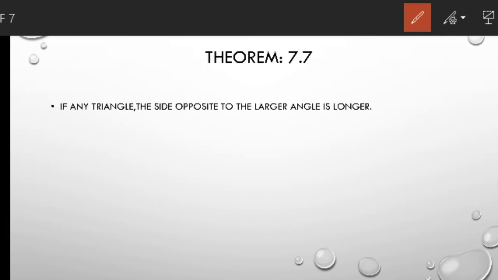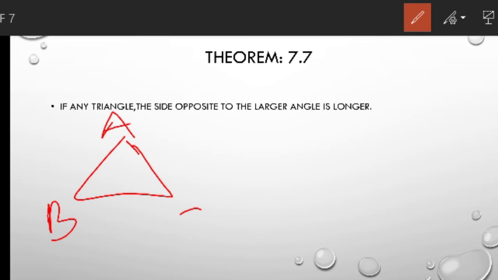That means this is the converse of Theorem 7.6. Here it is said that in a triangle, suppose ABC, the angle C is suppose 60 degrees and angle B is suppose 40 degrees.